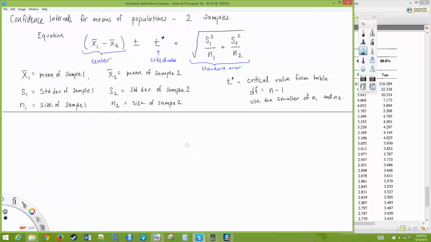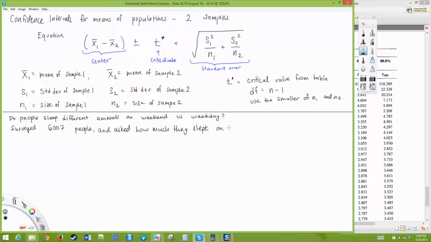Okay, so we have a question. Do people sleep different amounts on the weekend versus the weekday? Okay, and so we surveyed a lot of people, okay? 6,000, not 60,000, 6,007 people, and asked how much they slept on a weekday.